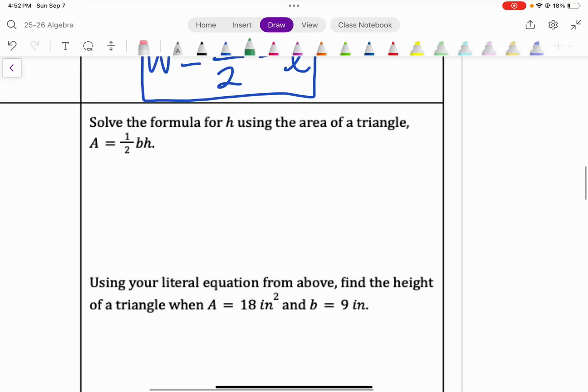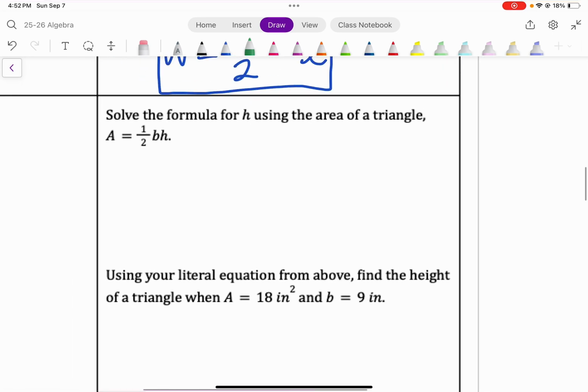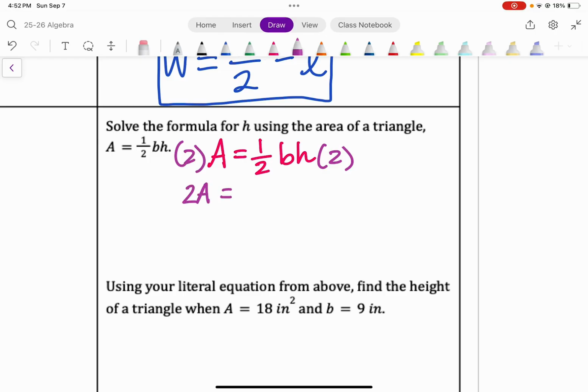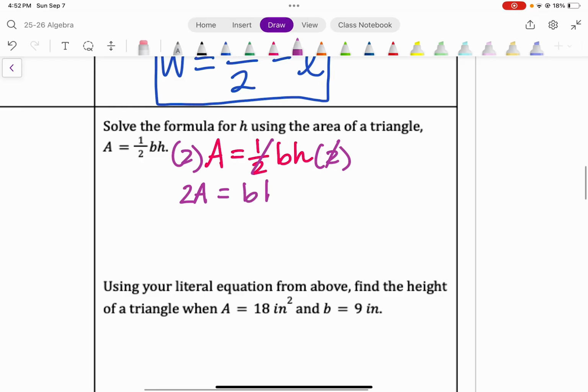Okay. Solve the formula for h using the area of a triangle, A equals 1/2 bh. So here's my formula, 1/2 bh. And when I multiply both sides by 2, that's going to give me 2A equals bh.